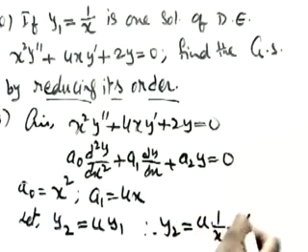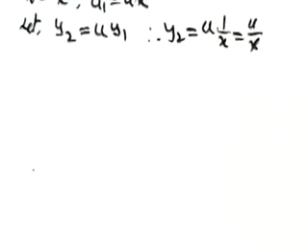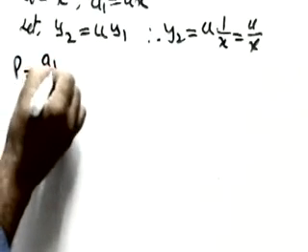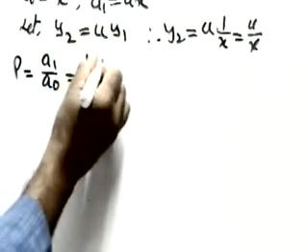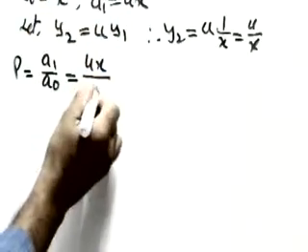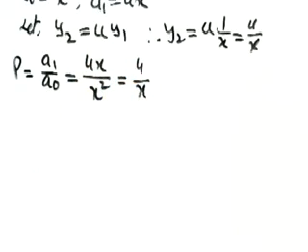Y1 is already given as 1/x, so y2 will be u by x. Now the next step is to find p. The formula of p is a1 by a0. The value of a1 is 4x, and a0 is x square. Cancelling x, we are left with p = 4/x.